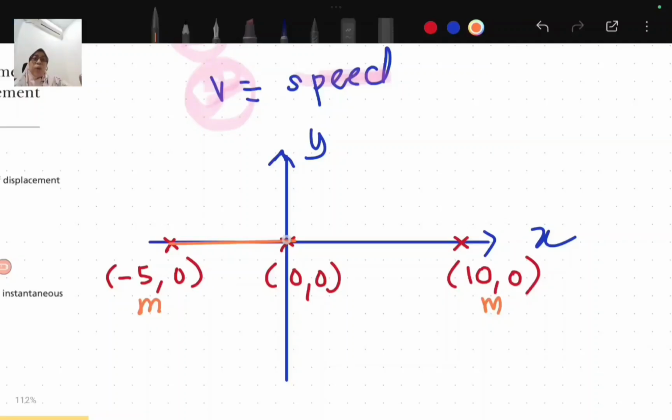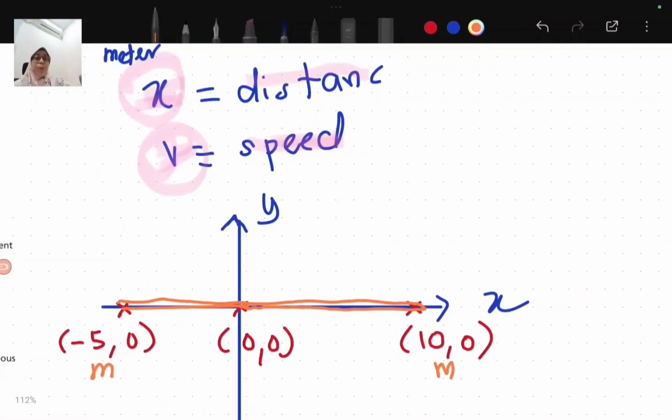So what will be your total distance? Moving to the right 10 meters, and then you turn and reach -5 meters. That total distance gives you 10 meters to the right and an additional 5 meters to the left, getting the answer equivalent to 15 meters in total. That will be a distance.